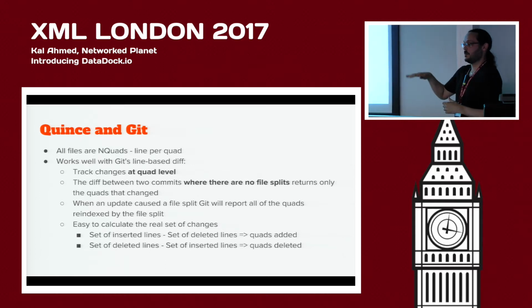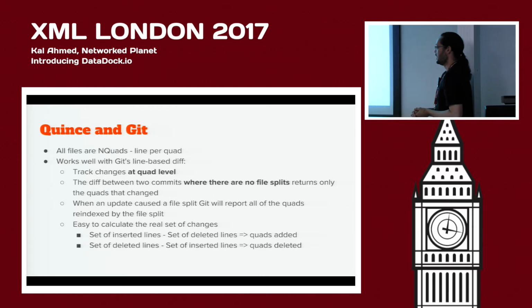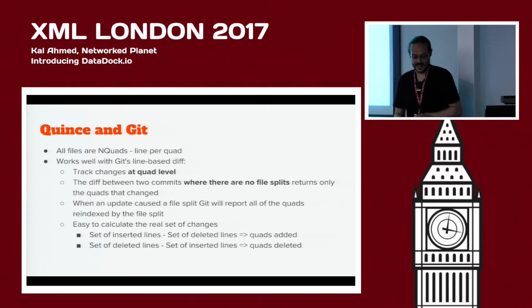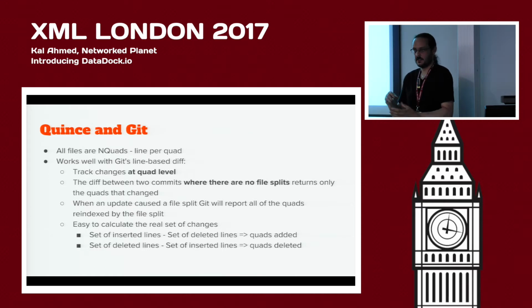Even when an update has caused a file to split, it's really easy to work out what's the result of simply the re-indexing and what's the result of actually new data, because a re-indexed quad will be both inserted and deleted. Okay, so we can do real simple set algebra in order to work out what was actually added and what was actually deleted versus what changed because files were re-indexed.